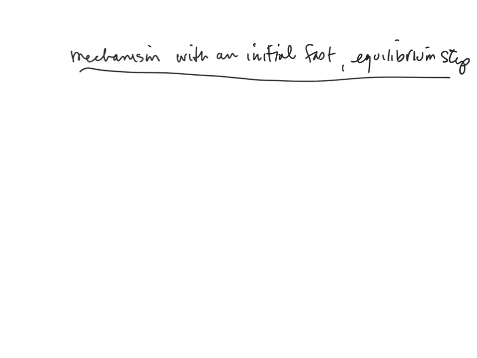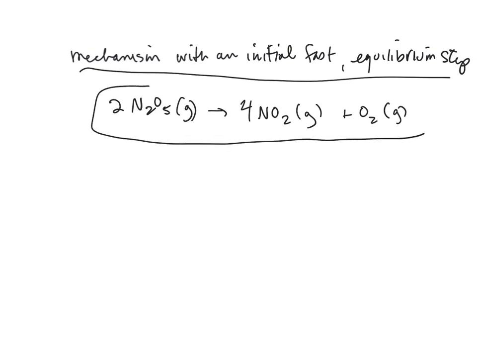Okay, so this one is our old friend 2N2O5 in the gas phase. I've been leaving off the phase, and I don't need it here. 4NO2 in the gas phase plus O2 in the gas phase. If you think about the gas phase, you can maybe imagine the collisions and how things would come together to react, perhaps.